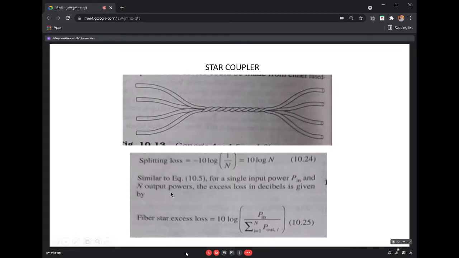Then the fiber star excess loss, the excess loss in the star coupler of the fiber, is given by 10 log P_in divided by the summation of i equal to 1 to n of P_out,i, where you have n outputs, so it is a summation of all those. Finally, the loss incurred in this star coupler is the sum of the splitting loss as well as the excess loss.